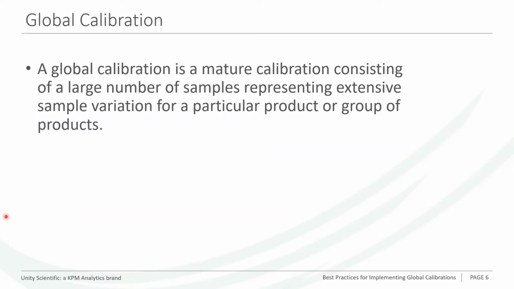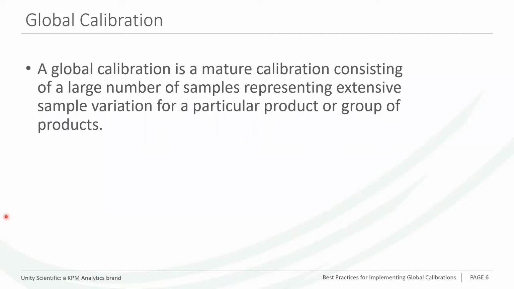So global calibration, this is my definition. This is just a quick, informal definition. But I think of a global calibration as a mature calibration consisting of a large number of samples representing extensive sample variation for a particular product or group of products. So there are a couple of key things here. Number one of which is mature. This is a calibration that's been under development for a while.